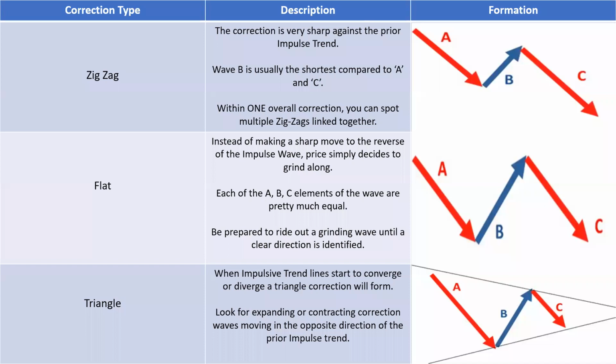Now, for me personally, whether you're trading stocks or futures or anything, obviously you want a market that's trending higher or lower, but you want some type of direction there in the market. But my favorite type of correction is actually the flat correction. The reason I like the flat correction is simply because the market is moving higher. It is correcting to the side, kind of grinding to the side.